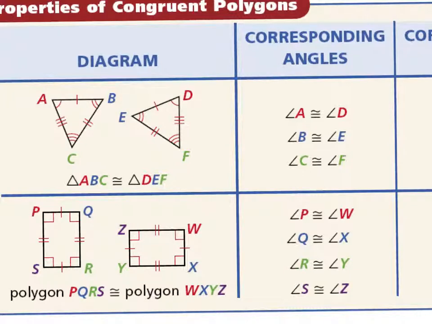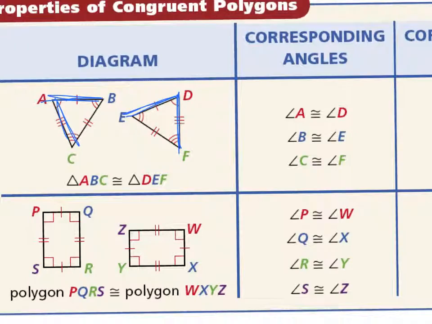Every single angle and every single side is the same on both triangles. So AB would be congruent to DE, and AC to DF. All these sides and angles are corresponding and congruent, which is why these triangles are congruent.